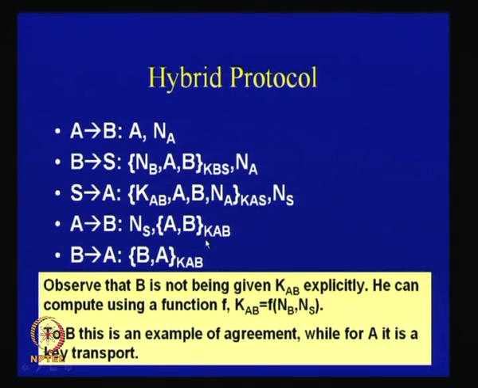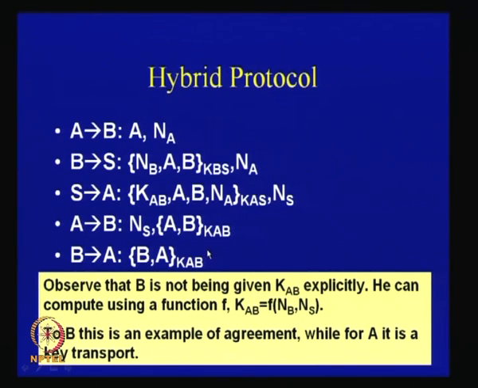Note one thing, that in this case A has actually obtained the key. The key has just been transported to A, and it can simply obtain it by decrypting this packet using its long term key KAS. Now B sends back to A B comma A, encrypted by KAB.